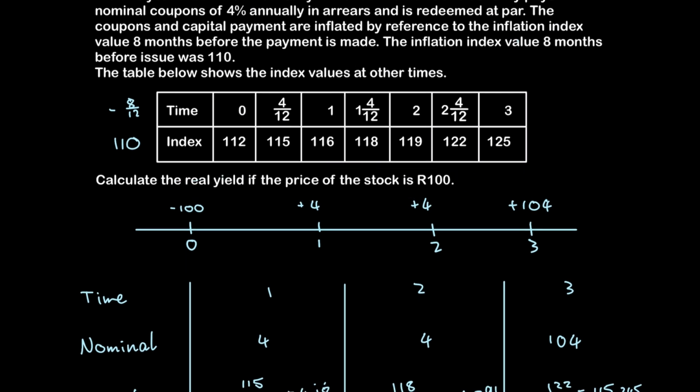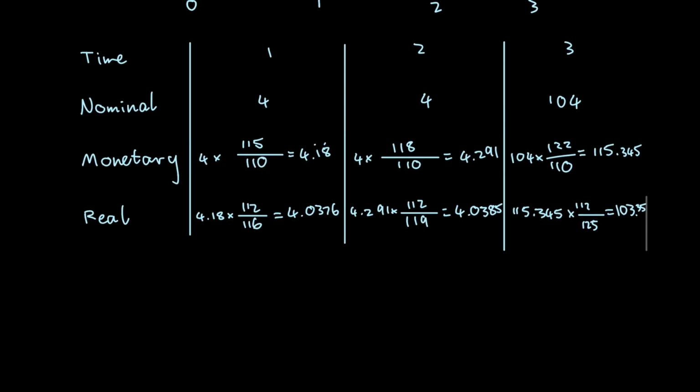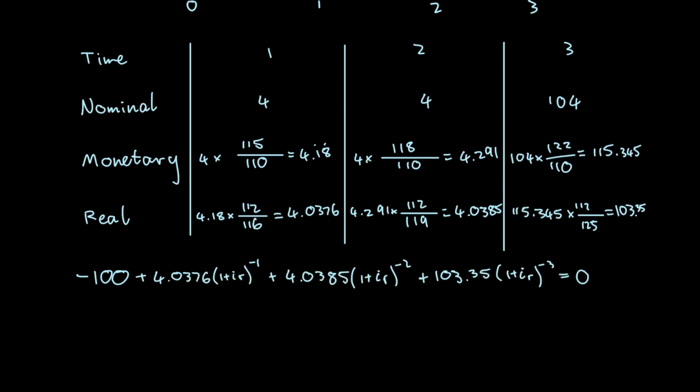Okay, so once again, I have to set up an equation of value. So initially, I'm going to outlay 100 Rand to buy the security, and that is at time 0. So that's minus 100. Now at time 1, I outlay this amount. So let me quickly write up the equation of value, and I'll explain it after. All right, so I've taken all these real values, I've put them into my equation, which is my net present value equal to 0, and I have discounted them using my real yield.